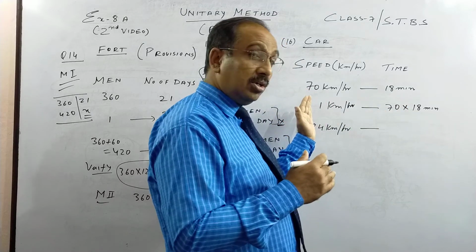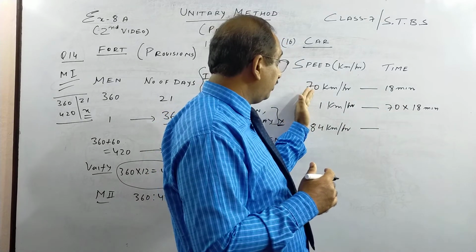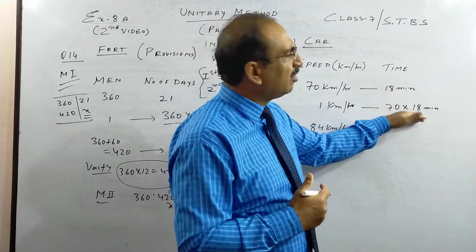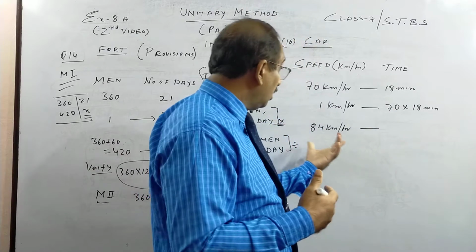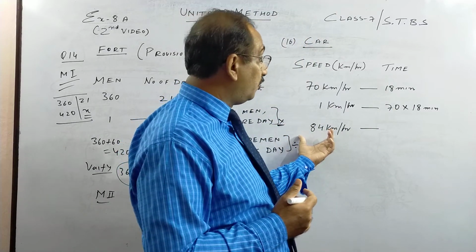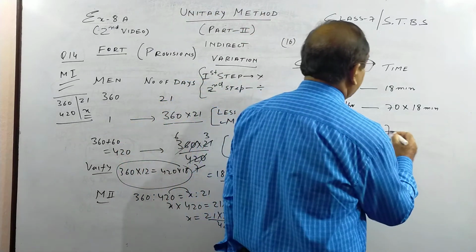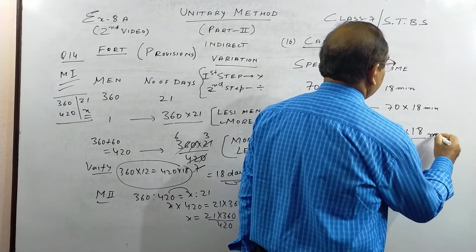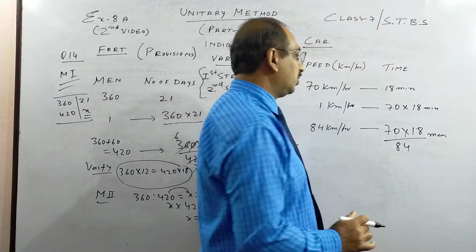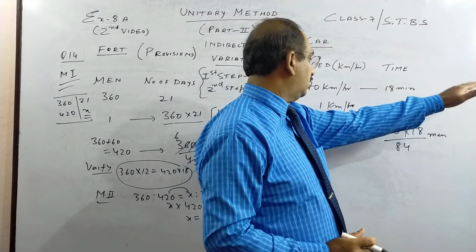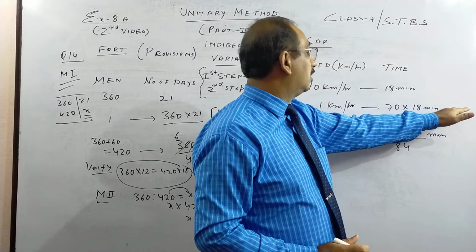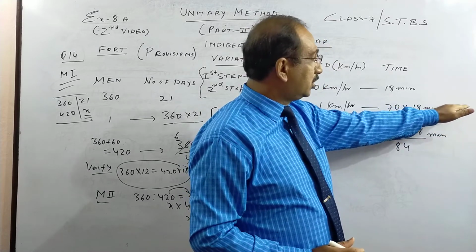So this is a theoretical part we do: at 70 km per hour it takes 18 minutes, at 1 km per hour speed it will take a lot of time. We are going very slowly. Now we increase the speed to 84, so it will take less. Less means division. So here there is no space. You could have written here, listen what you will write: less speed, more time.